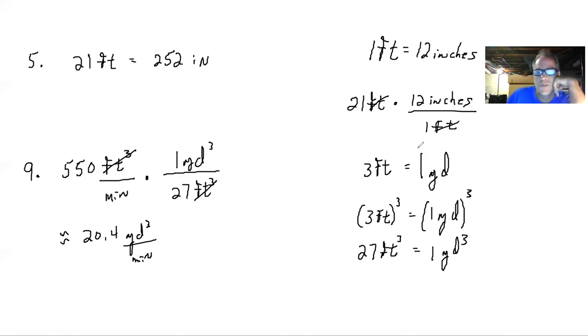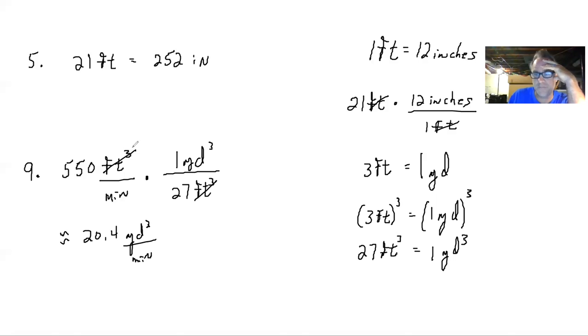Okay. So this problem dealt with cubic because you're dealing with a volume. When I started, I was given that an air conditioner could circulate 550 cubic feet. So when you hear that term cubic feet, that means the units are to the power of 3.